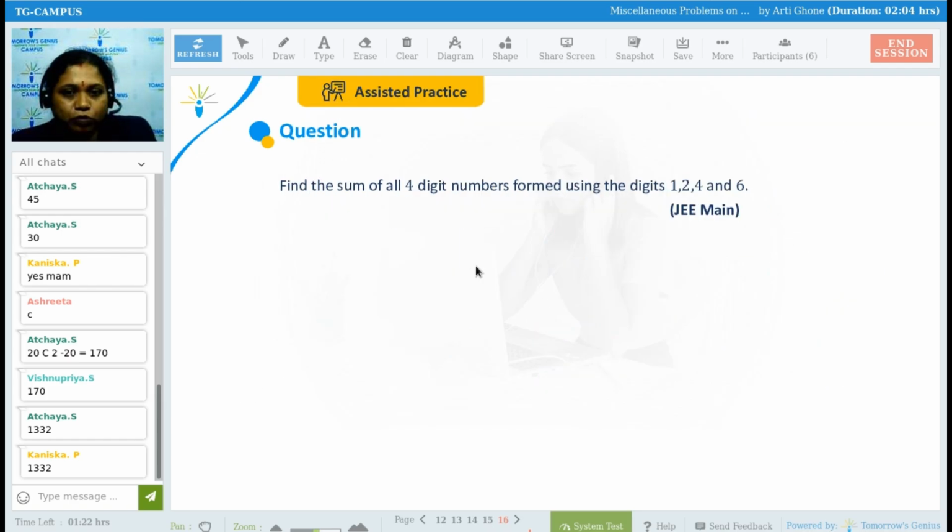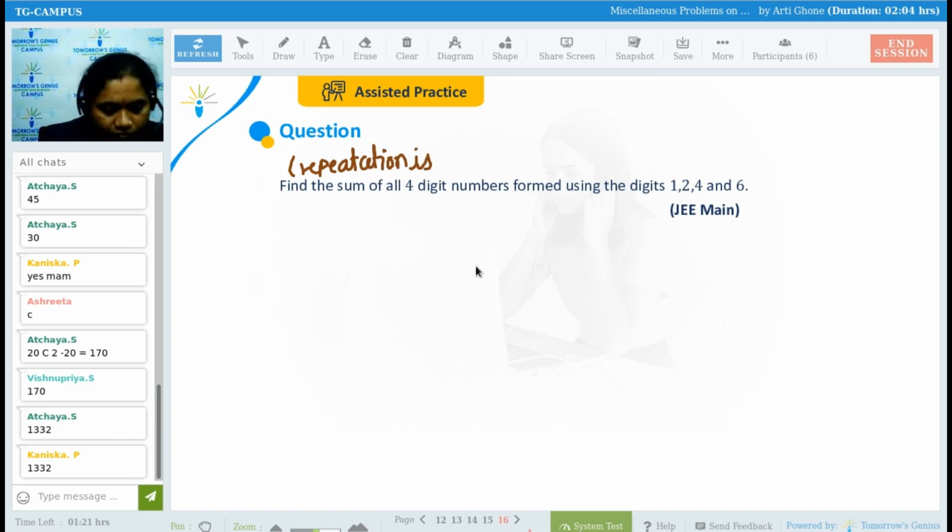So let's solve a very simple question: the sum of all 4-digit numbers. Now you are so talented, do it quickly. If repetition is not expressed, then repetition is allowed.